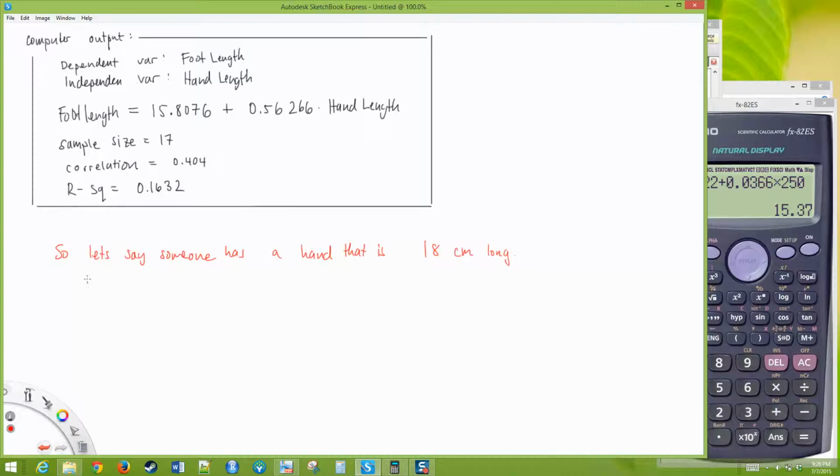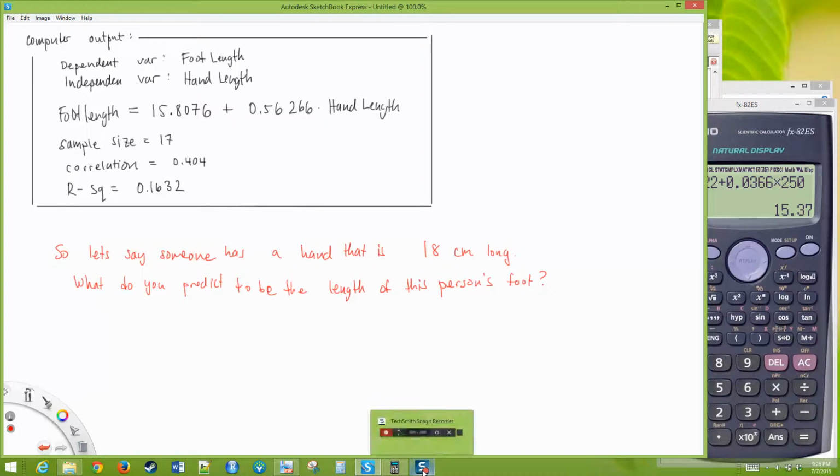What do you predict to be the length of this person's foot? Okay, so go ahead and take, we'll say, 30 seconds to answer this question.